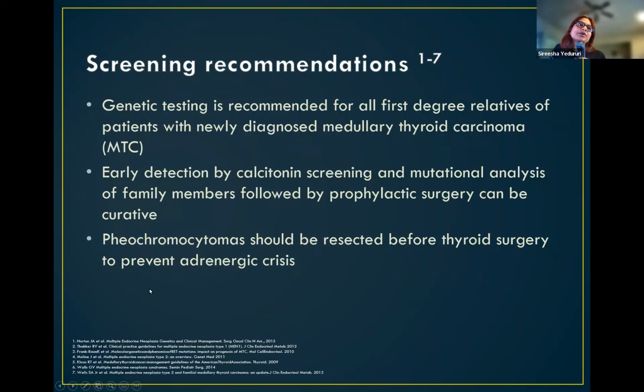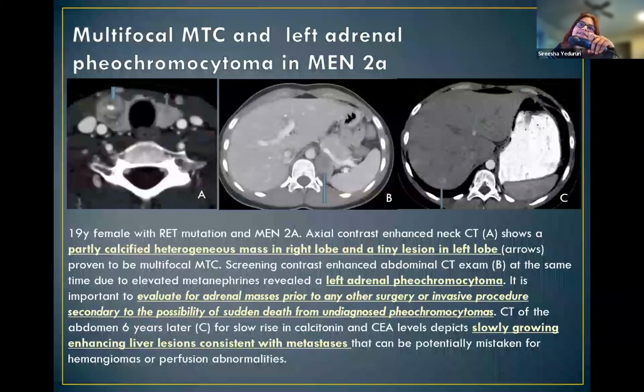The other important thing is pheochromocytomas. Every time you diagnose a medullary thyroid carcinoma, and the patient is undergoing surgery, we have to evaluate for pheochromocytoma, because undiagnosed pheochromocytomas can lead to adrenergic crisis.